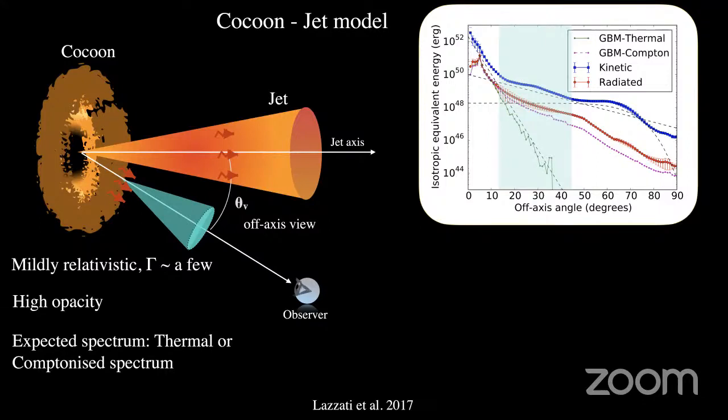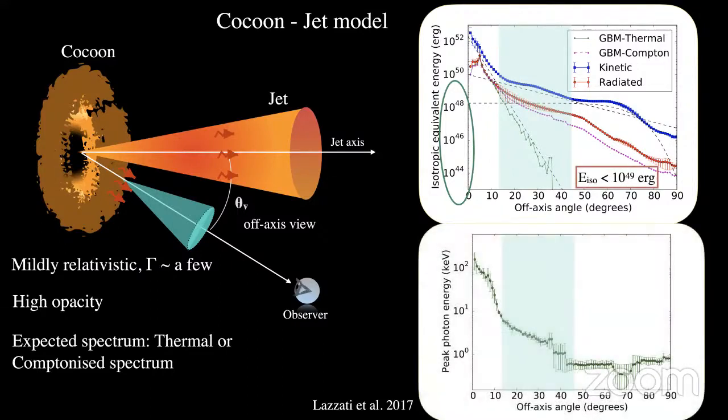If you're seeing a more thermal spectrum, the expected isotropic equivalent energy is definitely less than 10 to the power 49 ergs if it is coming from a cocoon. The peak photon energy you can expect to see from the photosphere of a cocoon is less than 10 keV, as you can see in the plot.